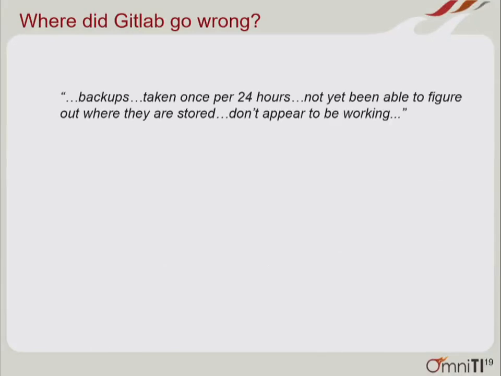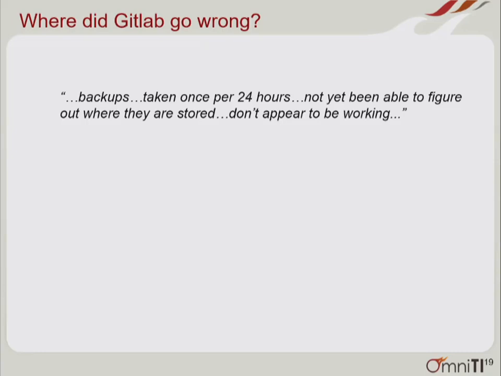Now, GitLab not so long ago had an issue, I think in mid-February, where all its backups went somewhere, and it wasn't able to restore in time. We're going to look at some of the things that it said in its incident response pages and see what happened. First they say that backups were taken once per 24 hours, not yet being able to figure out where they're stored.